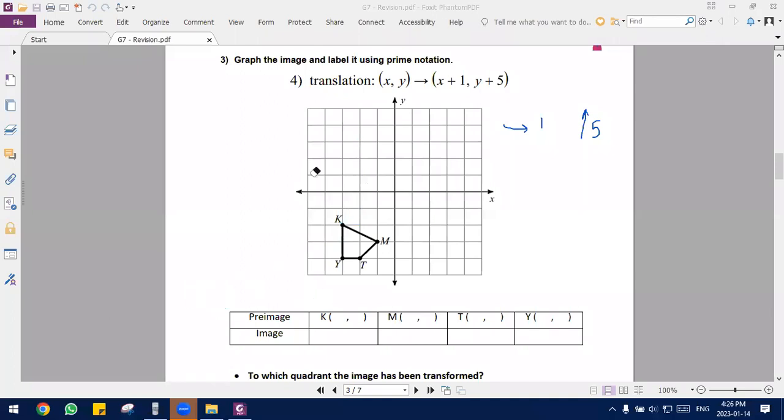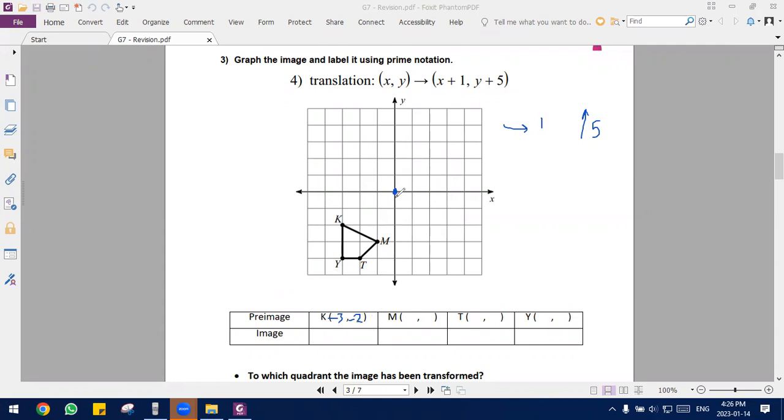So first of all, they said here pre-image. Pre-image is the original shape. Now, I'm asked here to write the coordinates of all the points. So what's the coordinate of K? As we said, you start from 0, 1, 2, 3 to the left, minus 3. So x is minus 3. And then I'm going down 1, 2. This is minus 2.